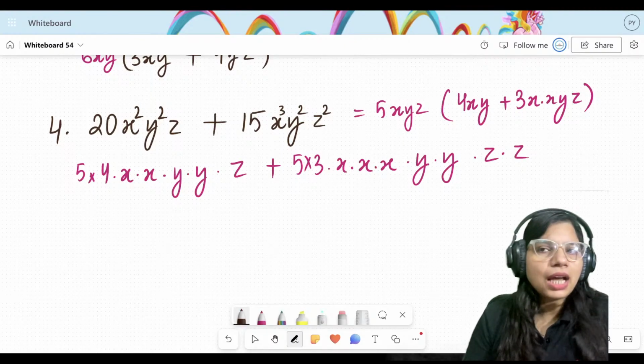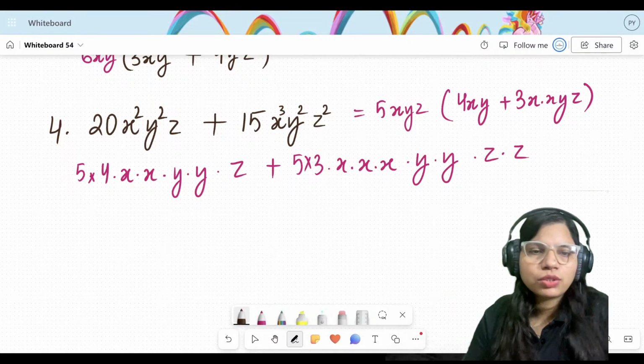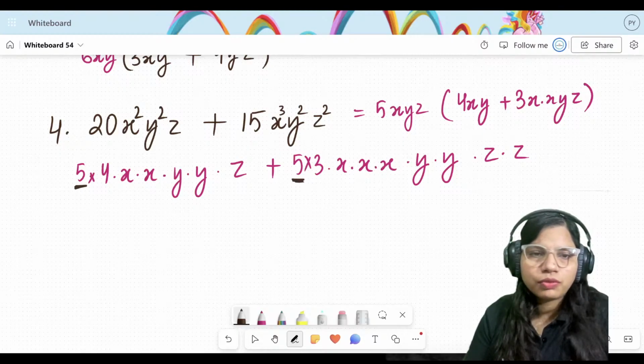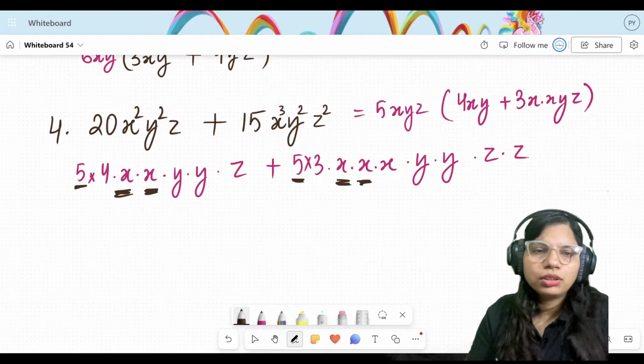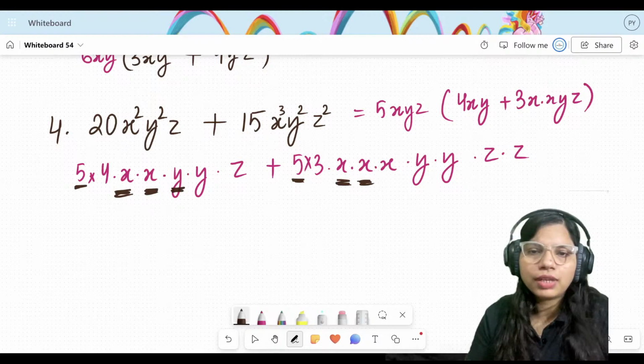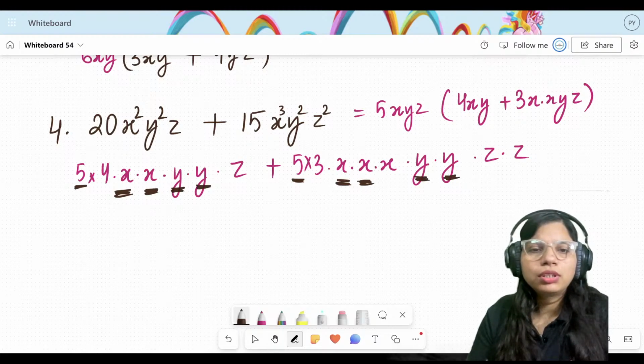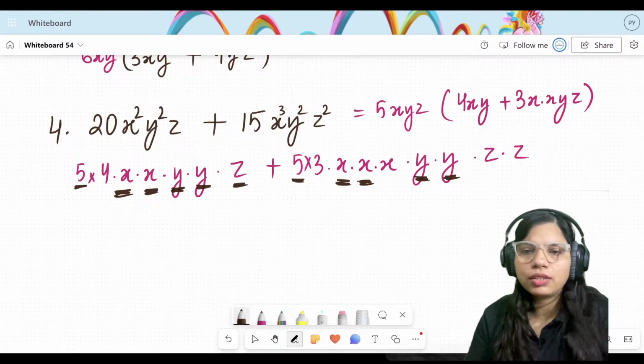Okay, अभी हमें क्या करना है? We will underline whatever is common. You have 5 common, 5 common, not 4. You have x common, x common. You have another x common, another x common. You have y common, y common. Another y common, another y common. You have z common, z common.